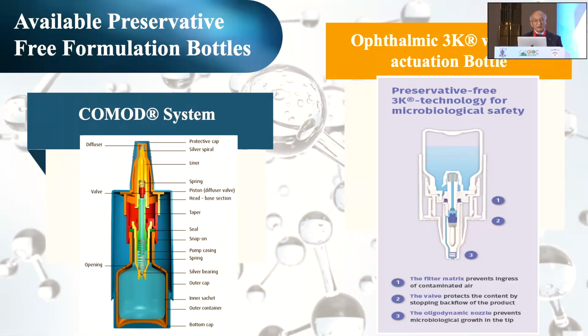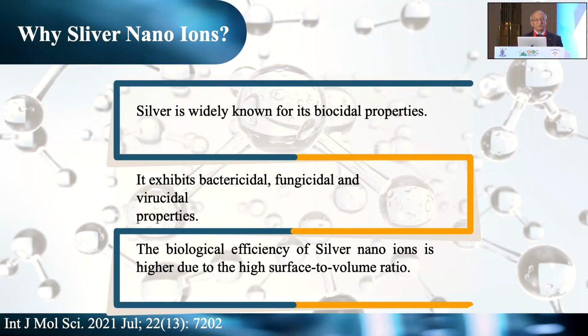With this type of manufacturing, the bottle becomes very hard and difficult to press, and patients do have difficulty, especially older patients. Therefore, there is a need for something which is comfortable to the patient and also preserves the medications.